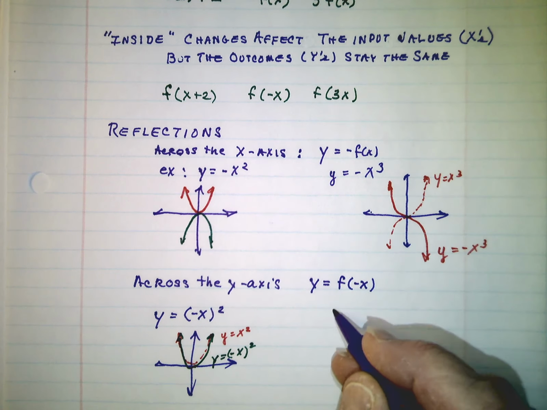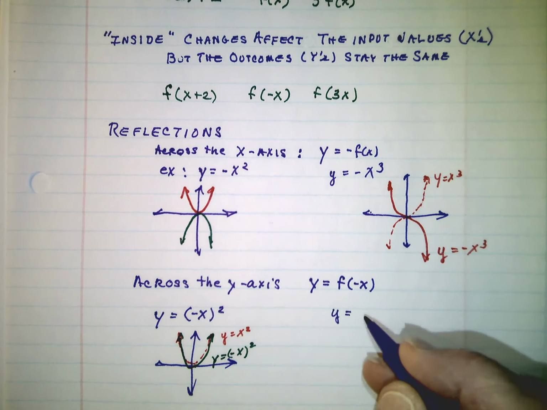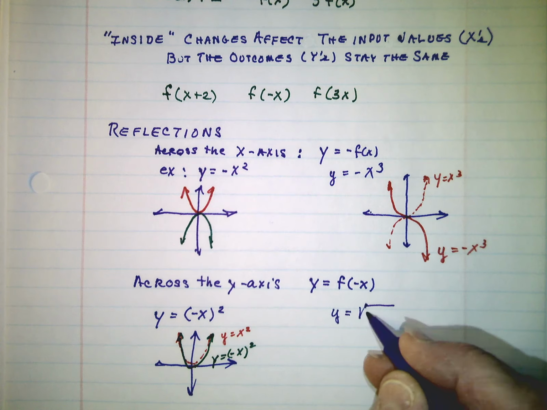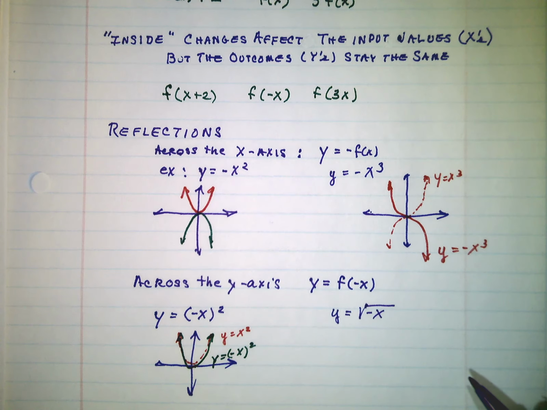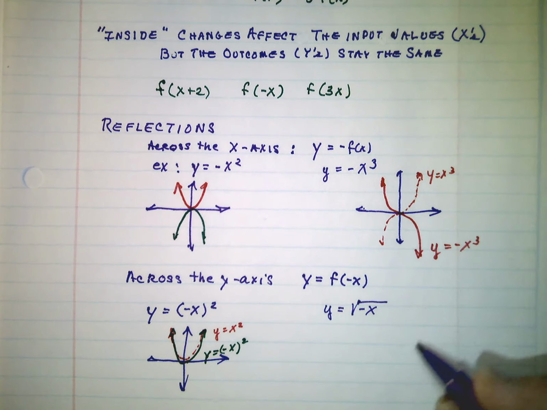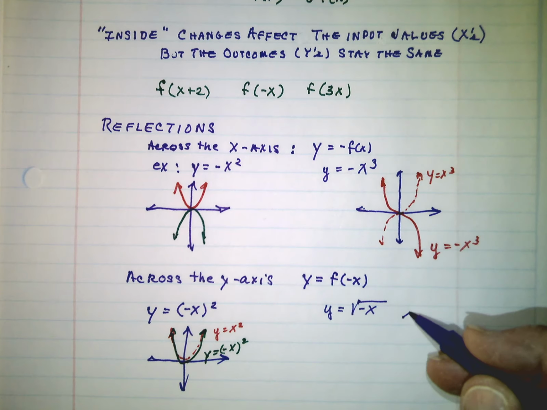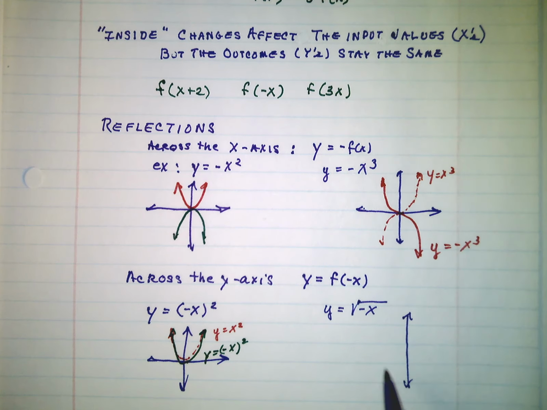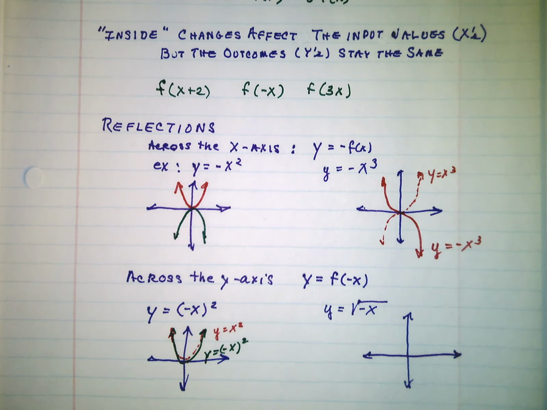One more. Suppose y equals the square root of negative x. I know we've been taught that you can't take the square root of a negative number, but maybe when we do the reflection, it'll make sense. So the parent function is y equals the square root of x.